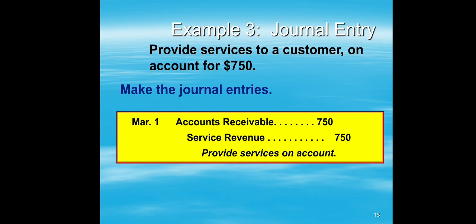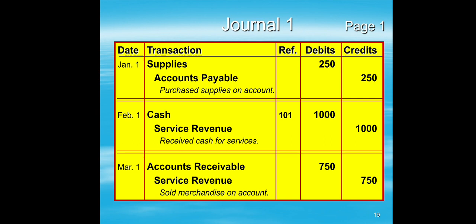Okay, these are three examples of journal entries. So the journal record will look like this. In the general journal book, the record will look like this.